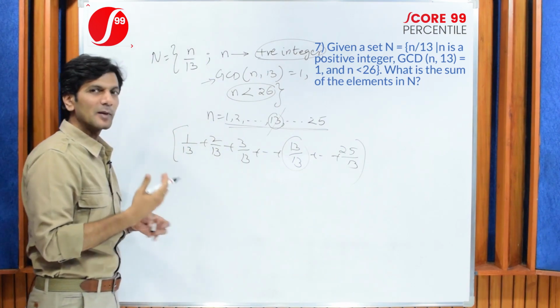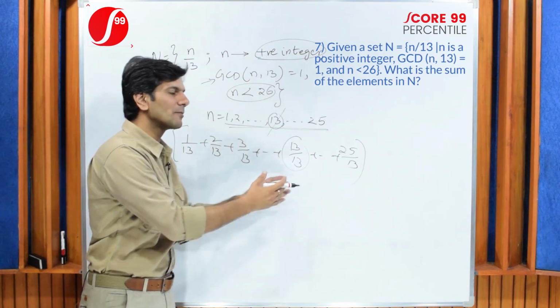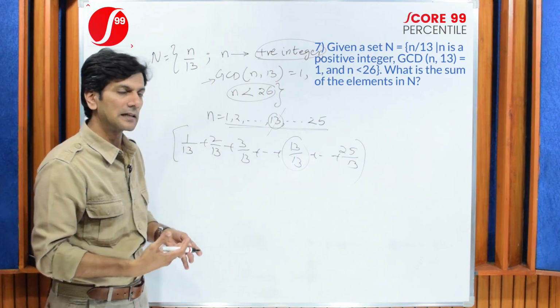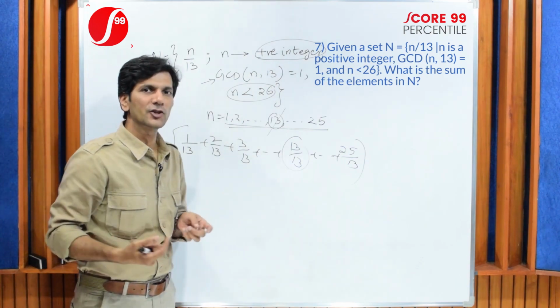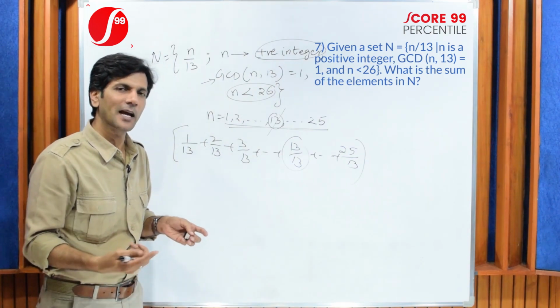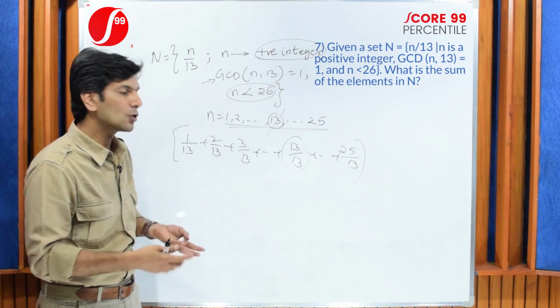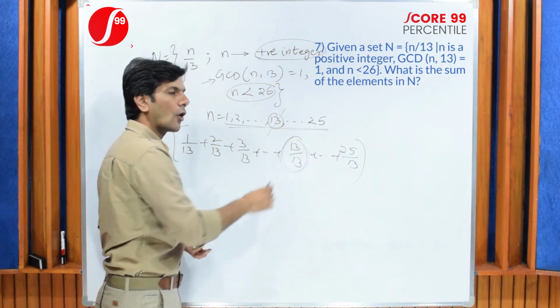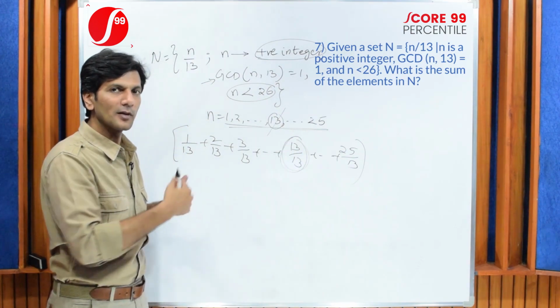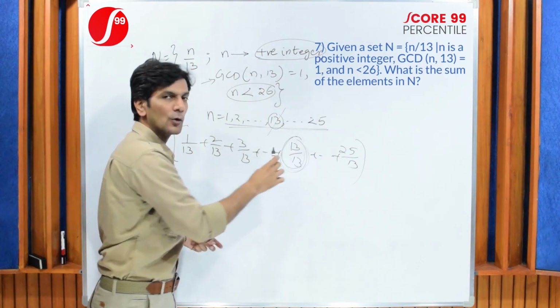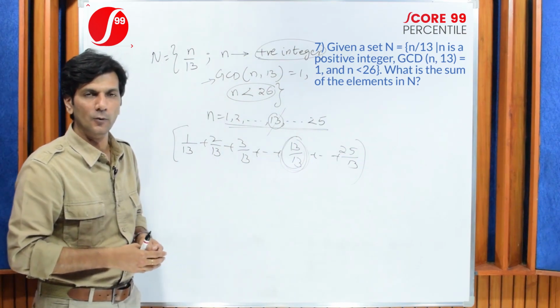Now, for simplicity's sake, because all these numbers have the same denominator, and 1 to 25 would actually be consecutive integers, and we have a formula to find the sum of the first n positive numbers, what we will do is we will include 13 over 13 also, and from the result we will eliminate this value 1. That should be your answer to the question.